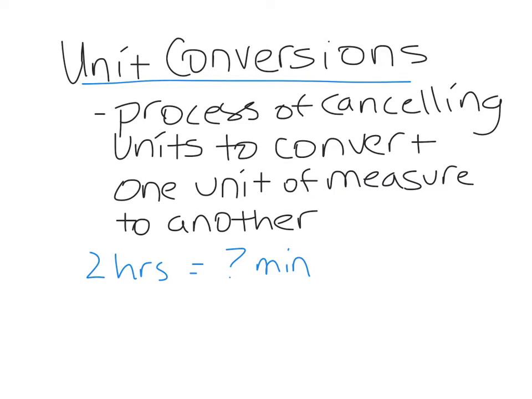Now, in your head, you'd say, oh, you worked for 120 minutes because you know that 1 hour equals 60 minutes. So a lot of unit conversions that we do day to day come very natural to us because we know exactly what the unit conversion is, and we can do that math in our heads. But if I ask you to show your work, this is what is actually going on behind the scenes in your brain. You're taking 2 hours that you start with, and you're using a conversion factor. You're using that conversion factor of 60 minutes equals 1 hour.